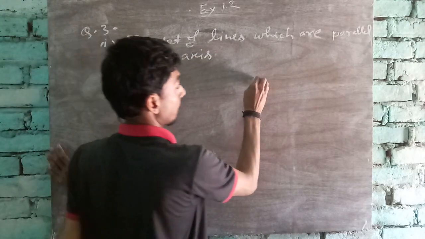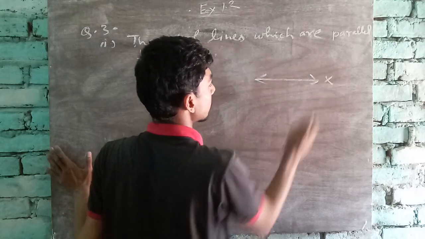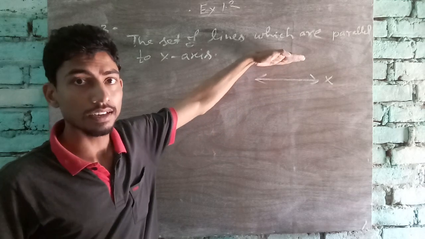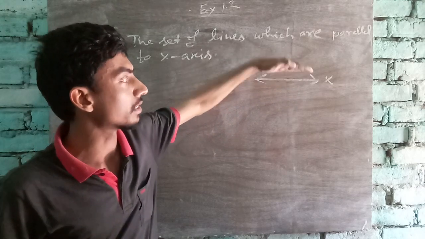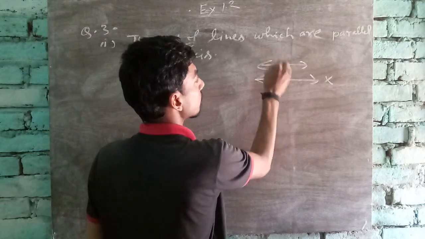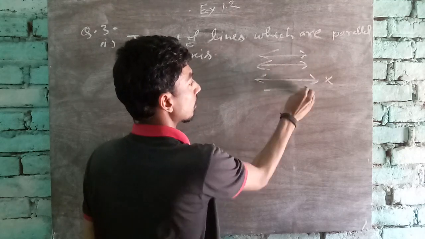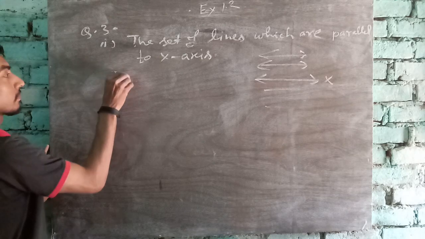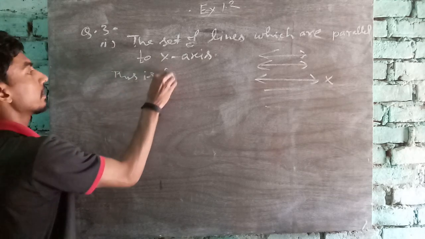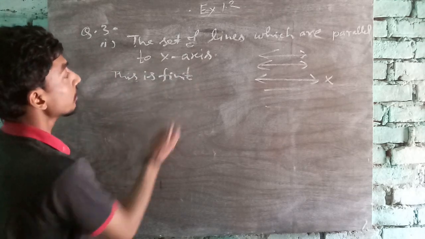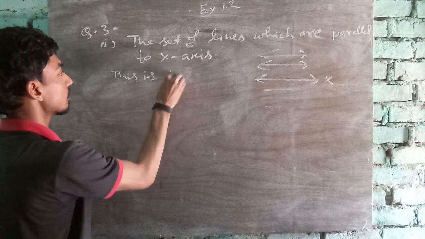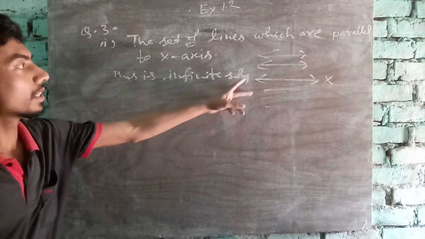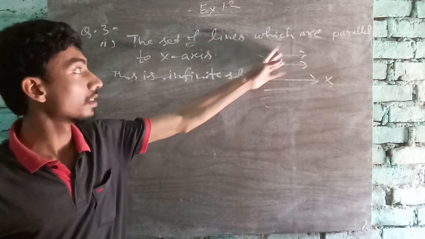Here this is the x-axis, and there are infinite parallel lines which are parallel to the x-axis. Therefore this is an infinite set, because there are infinite numbers of such lines.